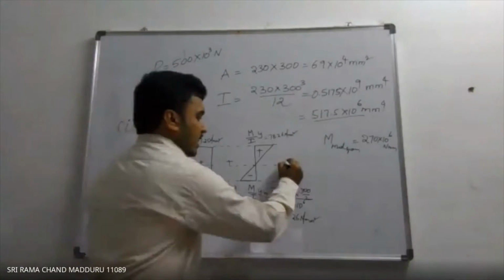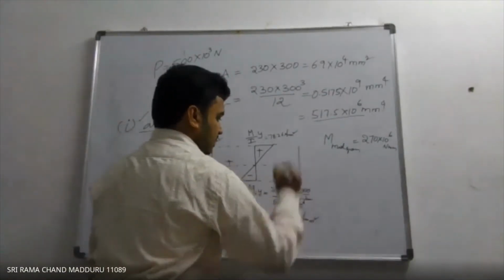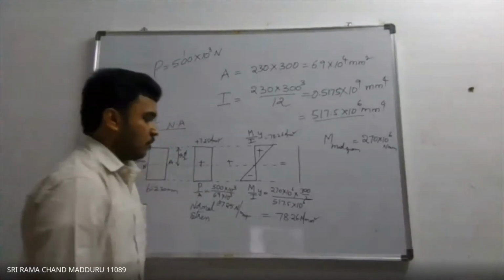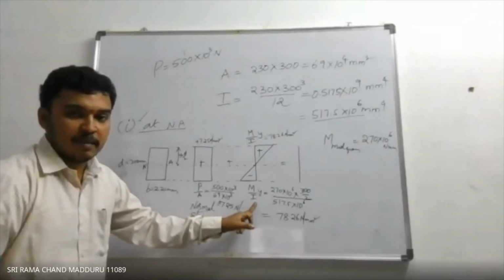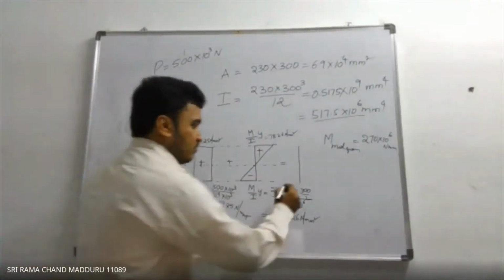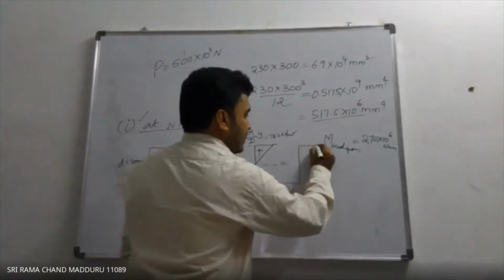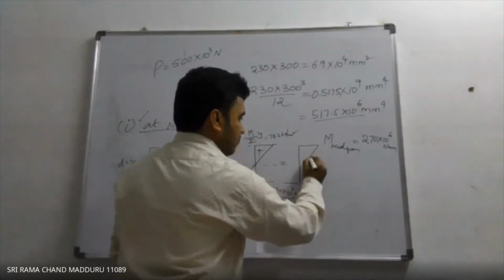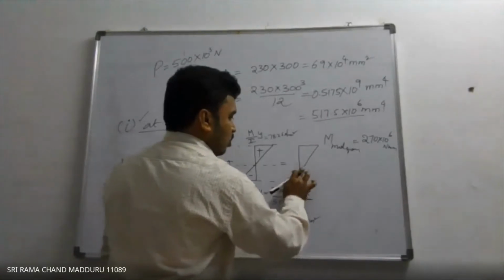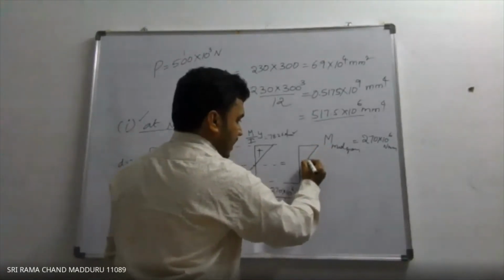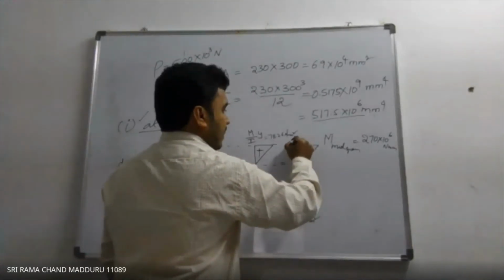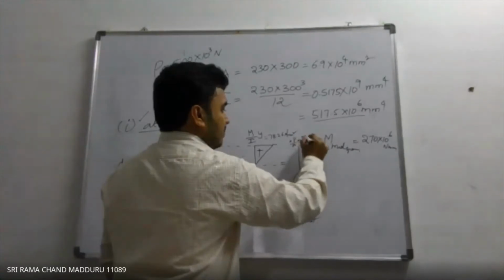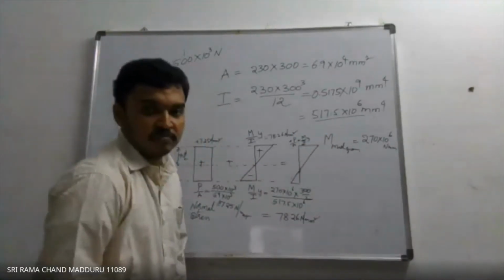Now there is no other portion. Draw the resultant stress distribution. So the resultant stress distribution is plus P by A, and here minus M by I into Y. So this value will be negative at the bottom and positive at the top. So top fiber, tell me the value. Plus P by A plus M by I into Y. How much? 85.51.